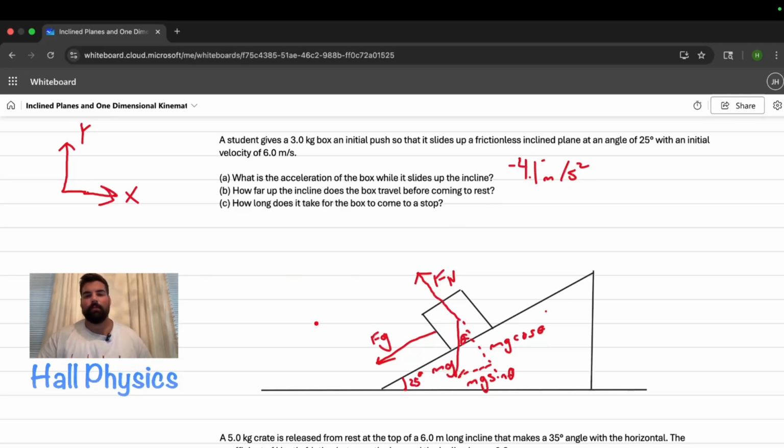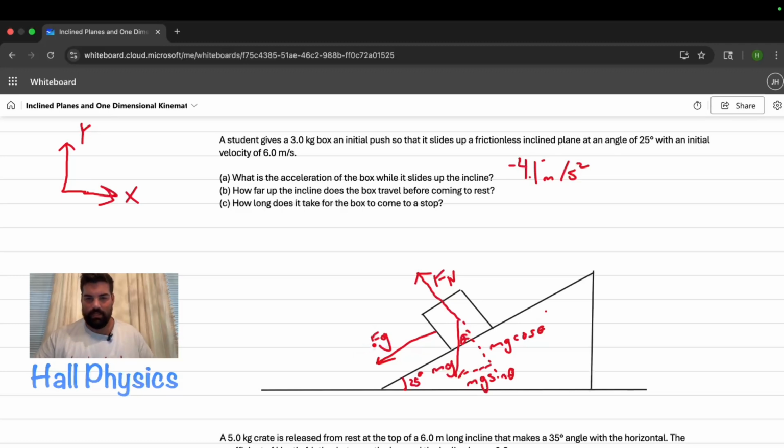So we gave the box an initial push up the ramp and it's slowing down, it's decelerating at a rate of negative 4.1 meters per second squared. Now we want to know how far up the incline does the box travel before coming to rest. So there will be a point after we push this box up the ramp where it will stop and then start to come back down the ramp.